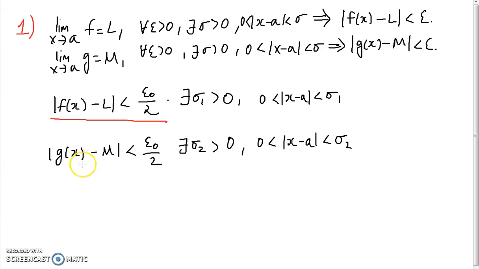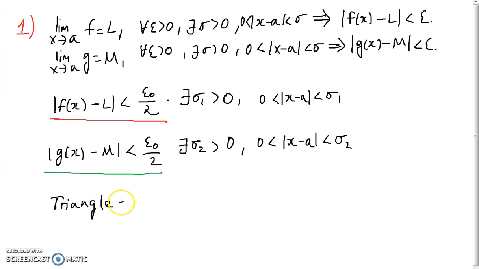And this is true for all x less than delta 2 away from a. So these are just two statements which are true as per the definitions of the limit of a function at a point. Now, we have to discuss an important result, and it's called the triangle inequality.